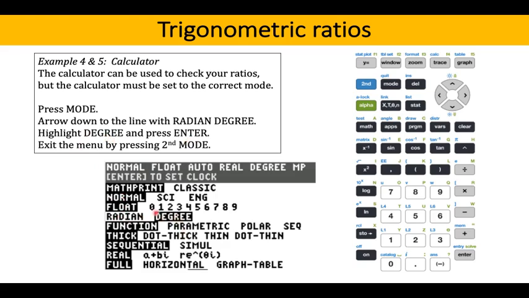You must select that word where it says degree. We need to be in degrees mode because the triangles we are working with, the angles are measured in degrees. 30 degrees, 27 degrees. You can exit this menu by pressing second and mode. Notice the quit is in blue, so second quit to get out of that screen. But you must be in degree while working with these ratios, sine, cosine, and tangent.